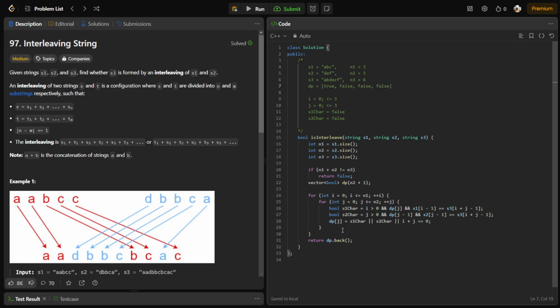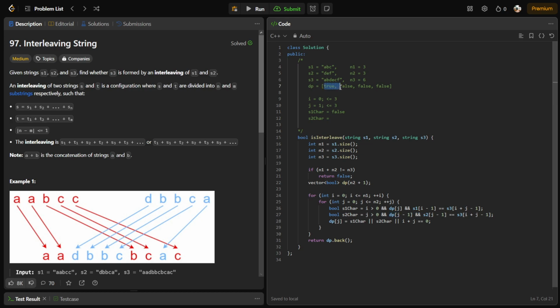Okay, next j will increment to 1. So now we do the same thing again. Since this is always true, we will not be looking. i is still 0, so this is still false. But over here, j is more than 0 now, right? j is 1. So we check dp[j minus 1].